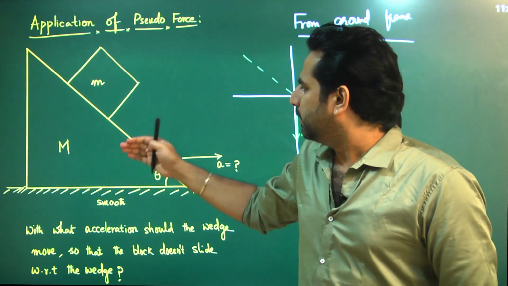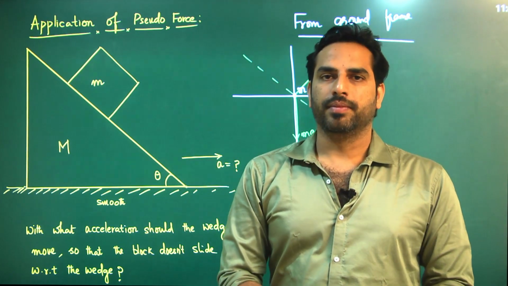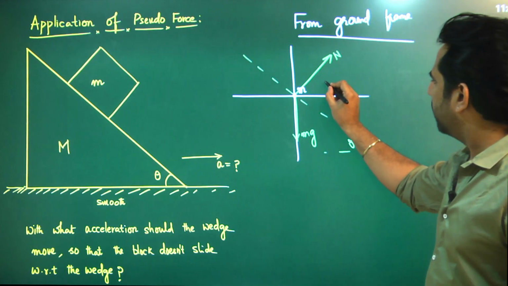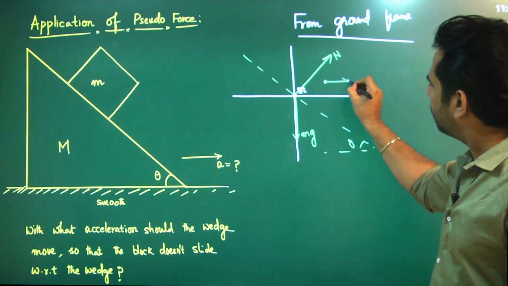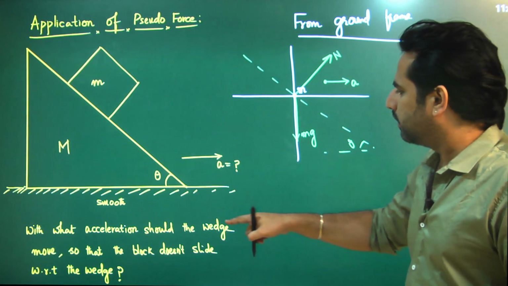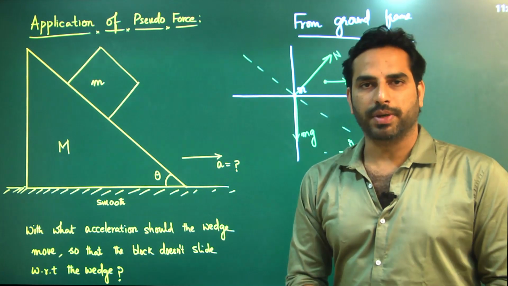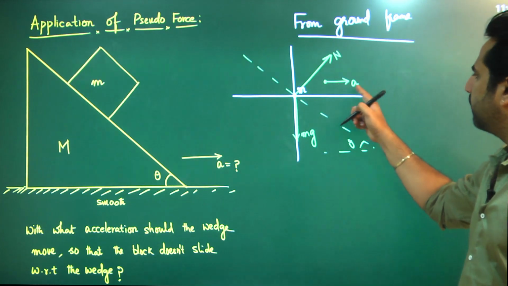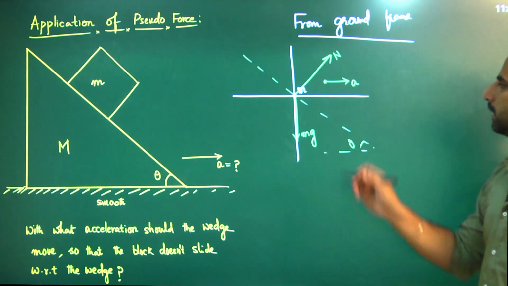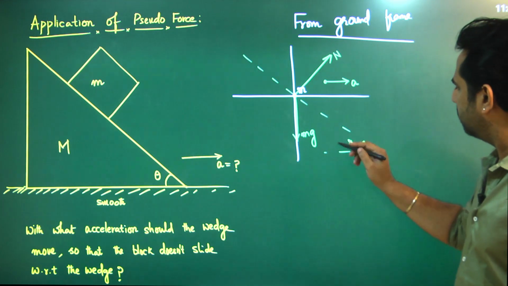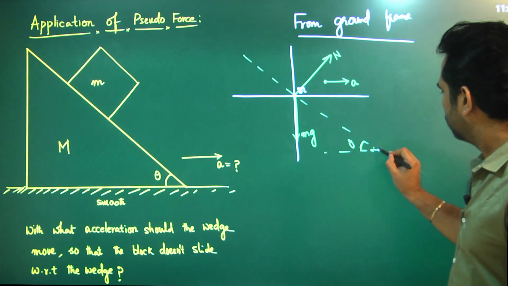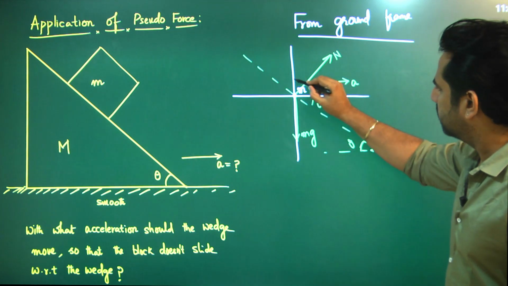So the acceleration of the block as observed from the ground is a in the horizontal direction. The angle of inclination of the wedge is theta, so this is theta and this is theta.